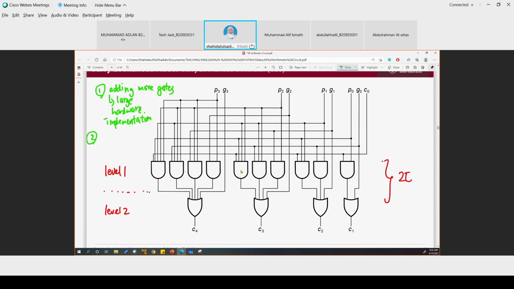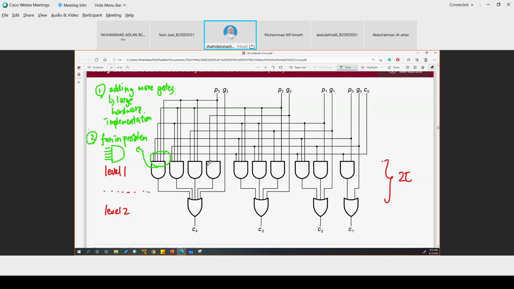The second problem is we know that the longer bit we put in this circuit, we're going to have fan-in problem. Because there's a limit on the number of wires coming into the gate, and we just want to put the limit as 4 or 5 wires here.